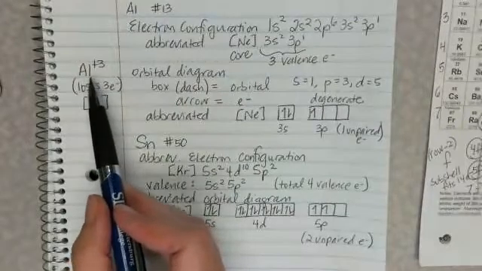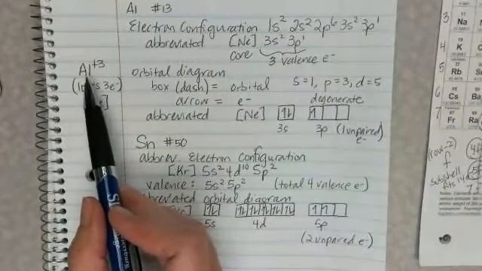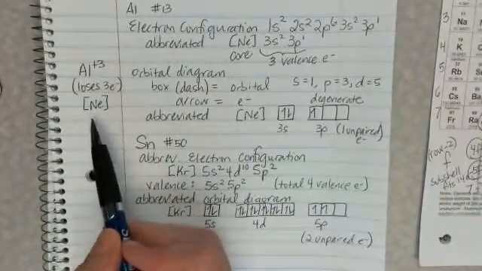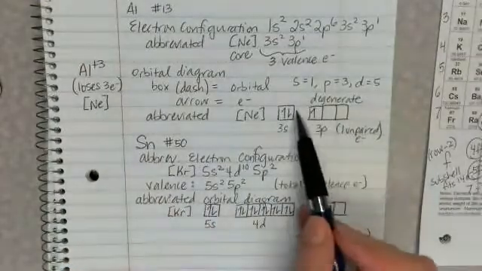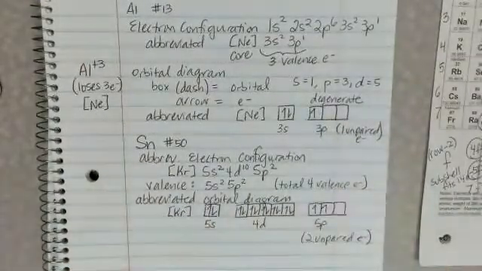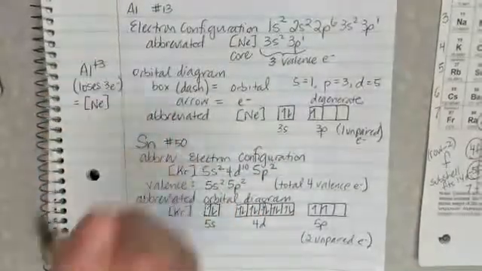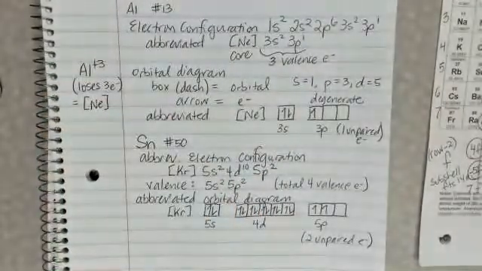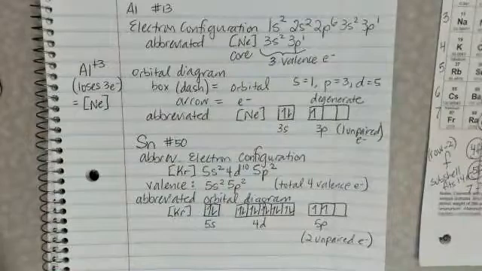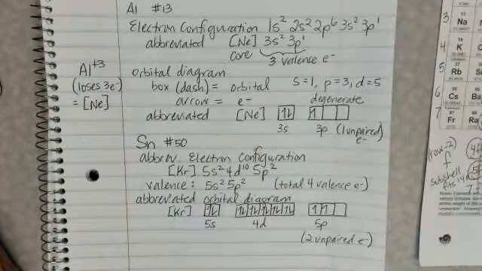So if you were asked to do the abbreviated electron configuration for the aluminum plus 3 ion, it would just be neon, because the 3s2 and the 3p1 are gone. We lost those 3 electrons. So aluminum plus 3 equals the neon structure. And for the most part, the representative elements want to match the noble gas structure. There's something nice and stable about that s2p6.